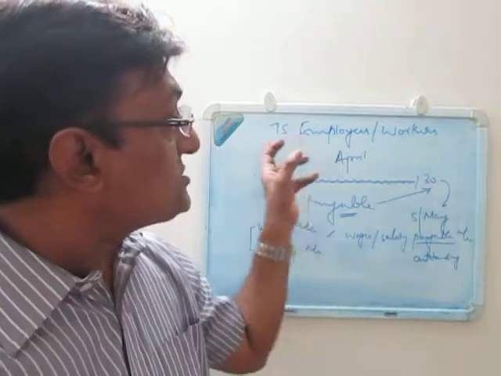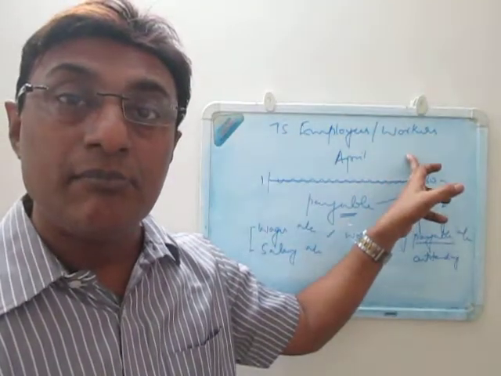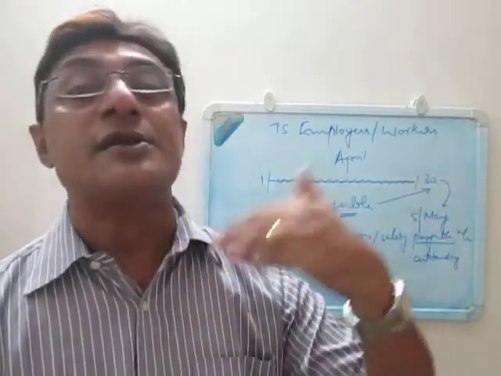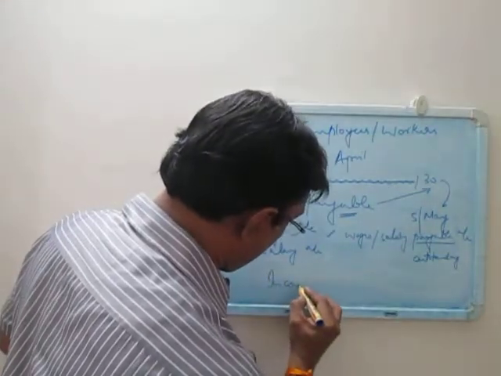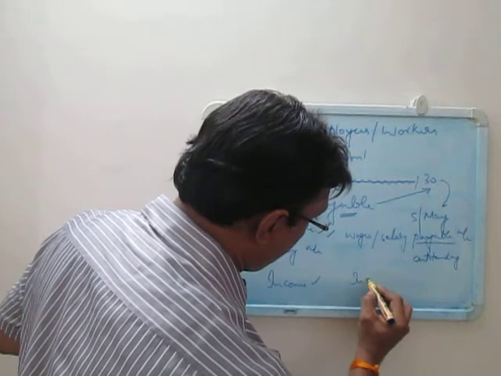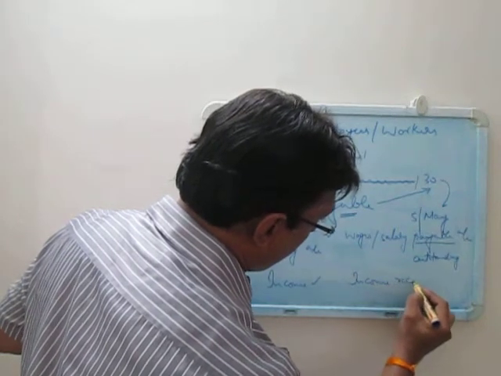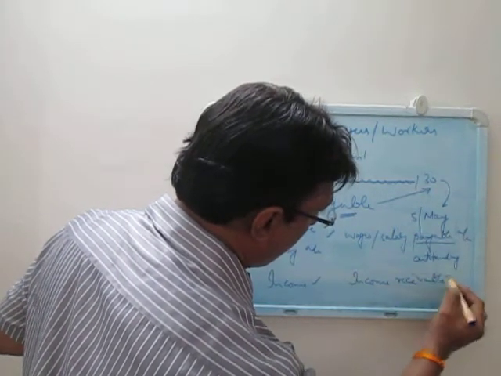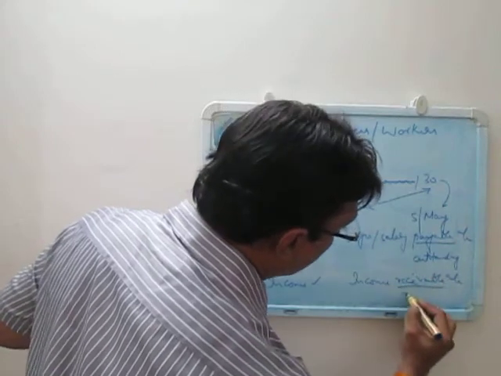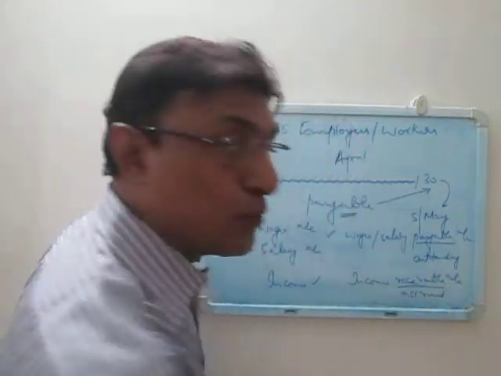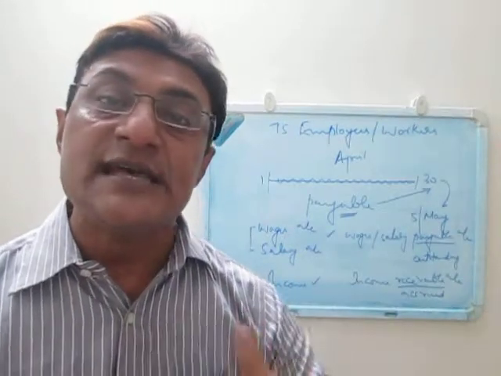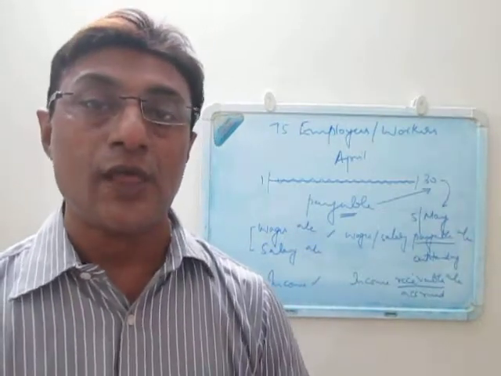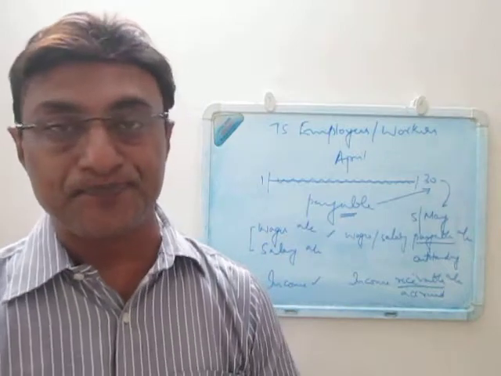Or had this been an income, it should have been an income receivable account. Also called income accrued account. Accrued means or only means generated or accumulated.